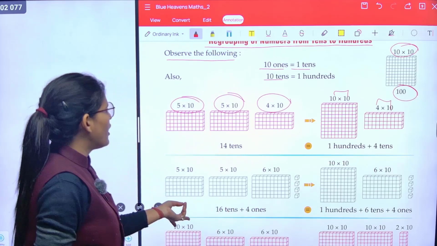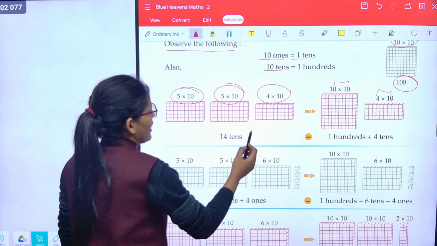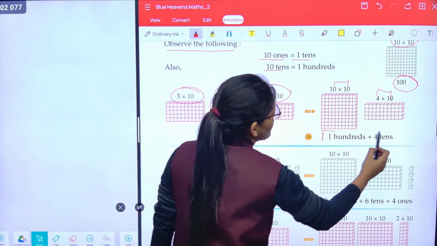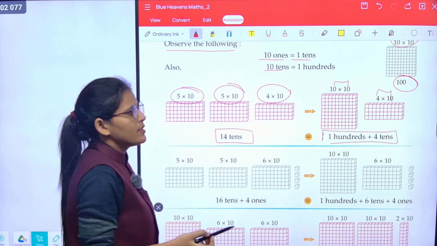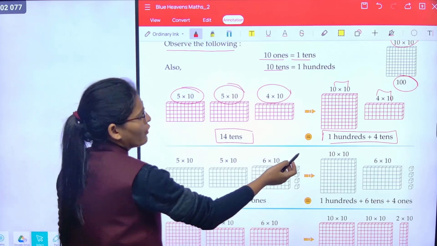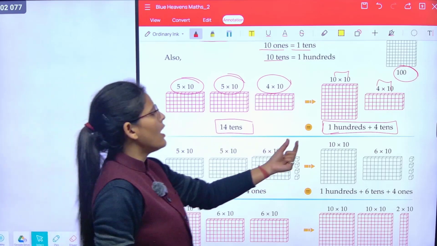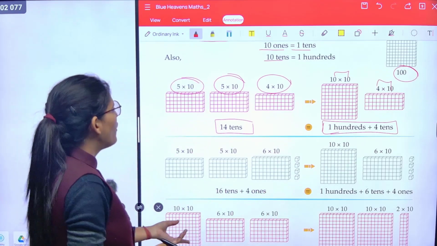See class, now here it is 14 tens, that is 1 hundreds plus 4 tens. Okay.